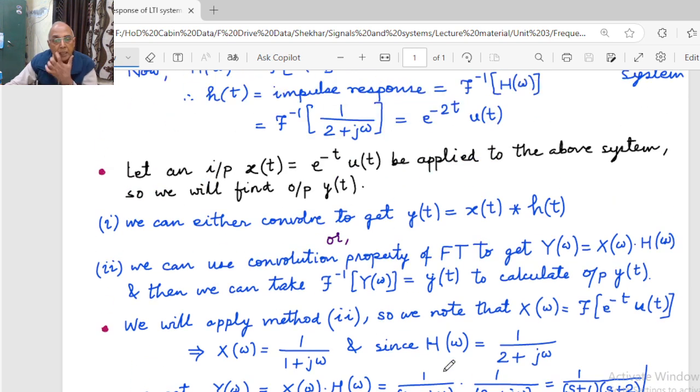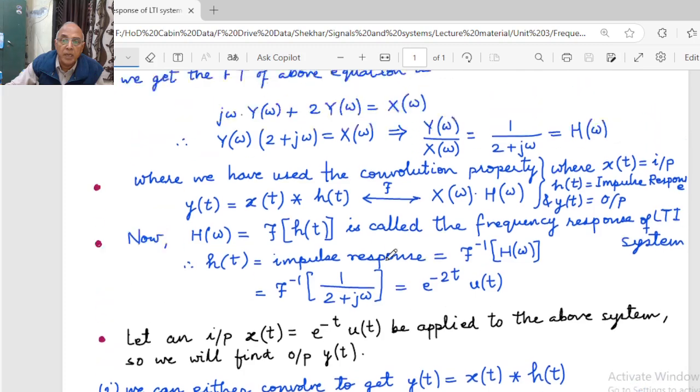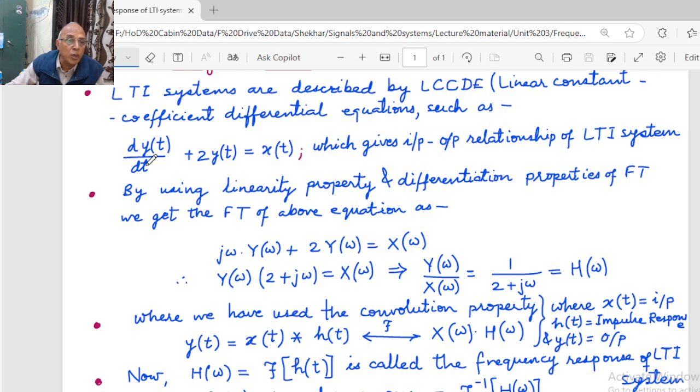हमने यहाँ पर देखा कि किस तरह से एक इनपुट हमने अप्लाई किया था इस LTI सिस्टम को, और हमने उसका आउटपुट यूजिंग फोरियर ट्रांसफॉर्म निकाला. फोरियर ट्रांसफॉर्म का यूज करने के लिए पहले हमें फ्रीक्वेंसी रिस्पांस पता होना जरूरी है, and the frequency response is nothing but Y(omega) divided by X(omega). So Y(omega) by X(omega) we can solve by taking the Fourier transform of the system's differential equation.